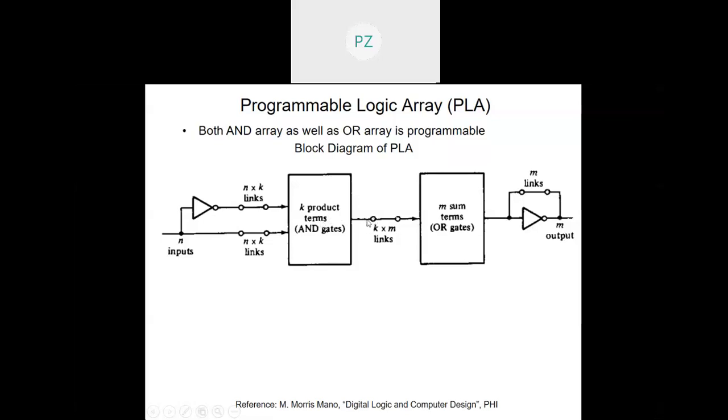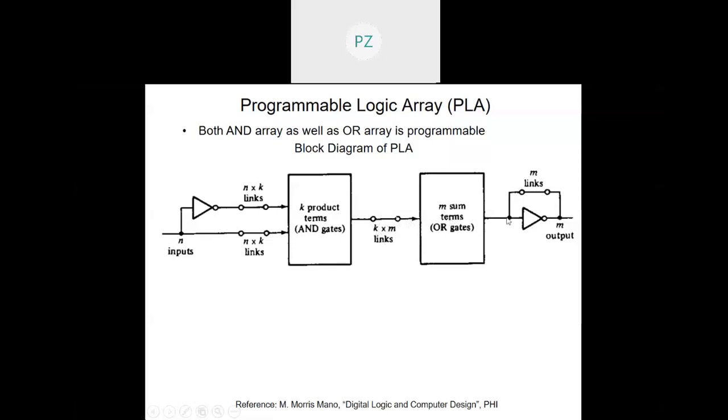Now these k product terms give k outputs. These k outputs are going to m OR gates, and each of those outputs is going to m different OR gates, so I should have k into m links here.